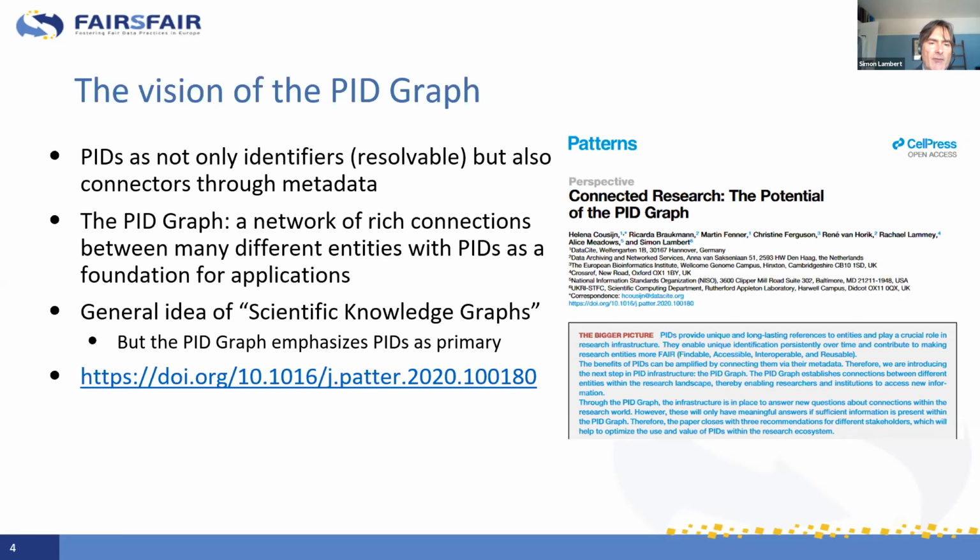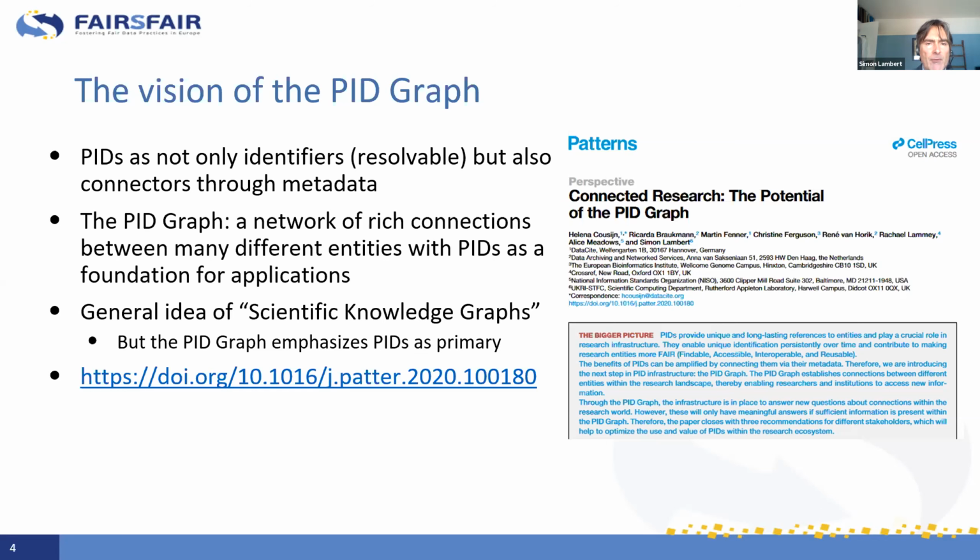Now, of course, the idea of a network of things connected together is nothing new. We don't claim that that's a new idea. Of course, citation networks are a very old idea. But what is new and what we developed within the FREYA project was the emphasis on persistent identifiers as being the primary sources of information.